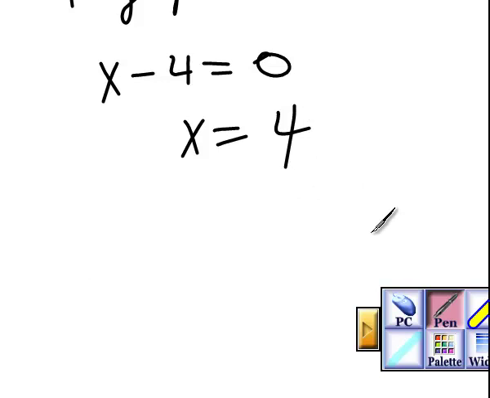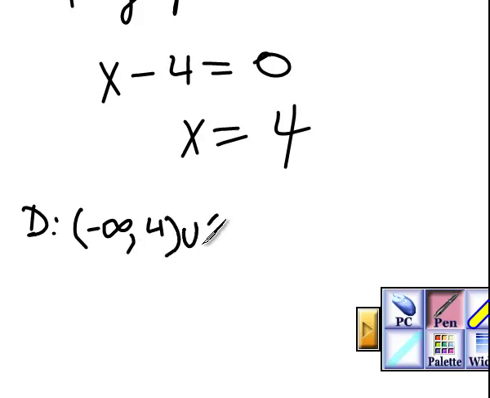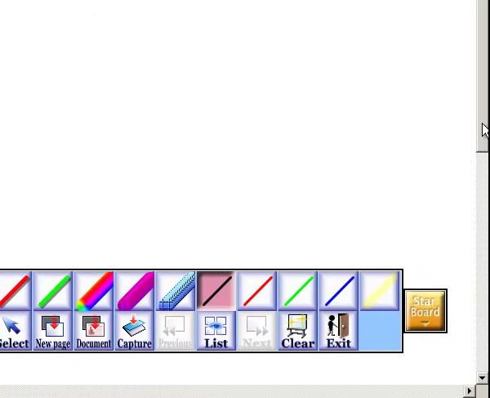Okay? And so if you wanted to, you could say the domain is negative infinity to 4, and 4 to infinity. Okay, not all the questions are going to ask for domain. Not all the questions are going to ask for the asymptotes. But I thought I'd just go ahead and cover that. All right, now that's the vertical asymptote.